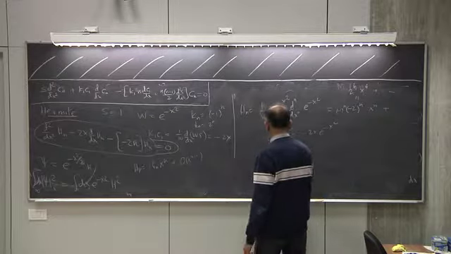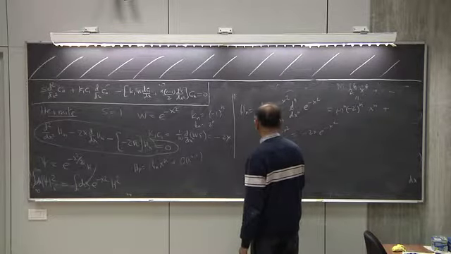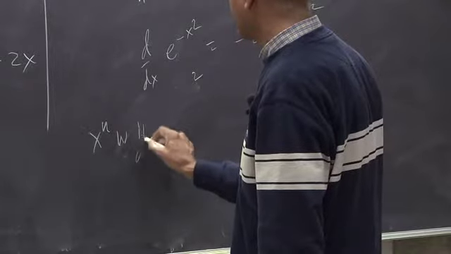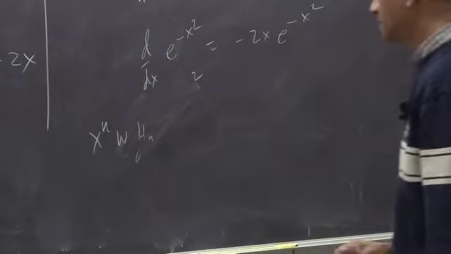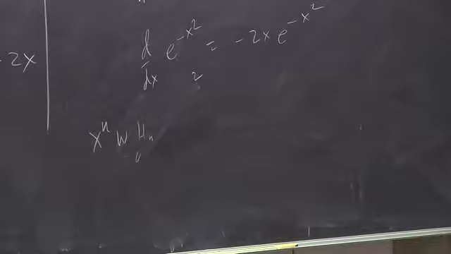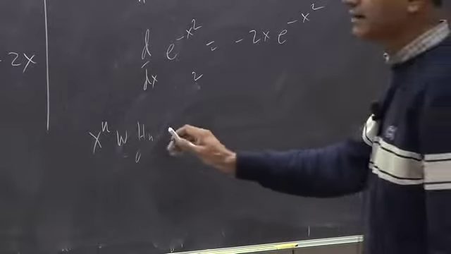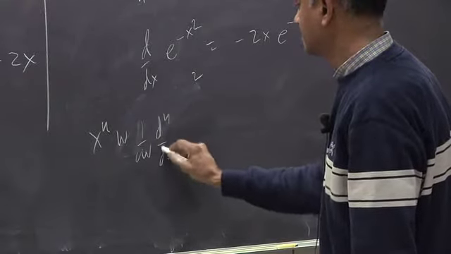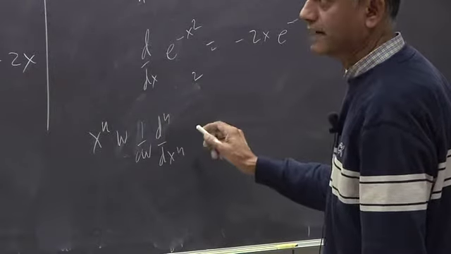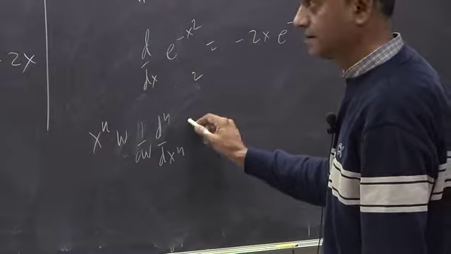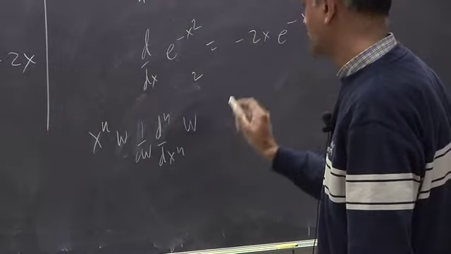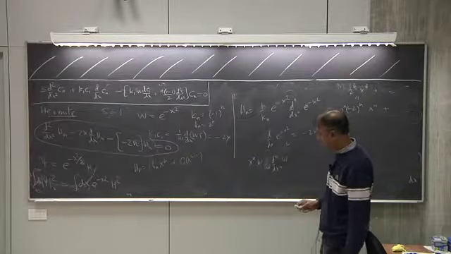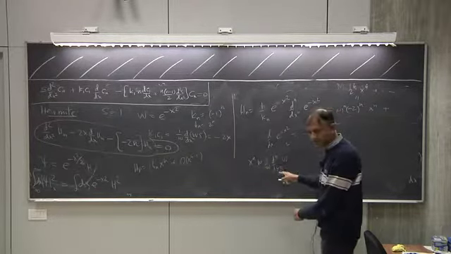Let's first compute the integral of x to the n times w Hm, but this guy is 1 over w, d^n/dx^n of w. That's it, this is what Hn is, because I have used the fact that s is 1.